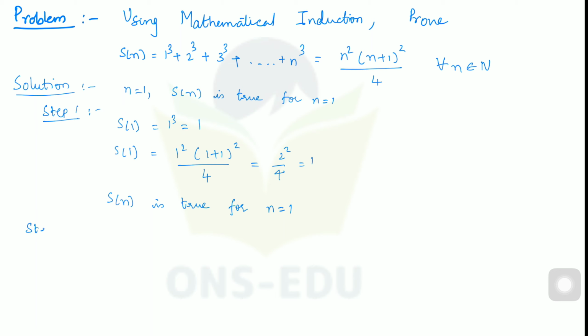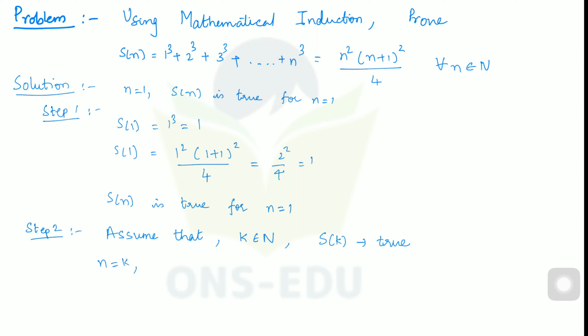Now what is step 2? We have to assume that for some k which belongs to n, that means where k is a natural number, S of k is a true statement. That means we are replacing n with k and we are assuming that S of k is true.